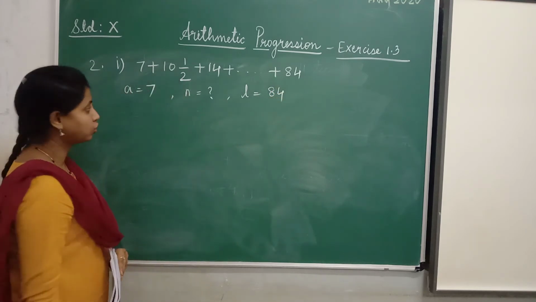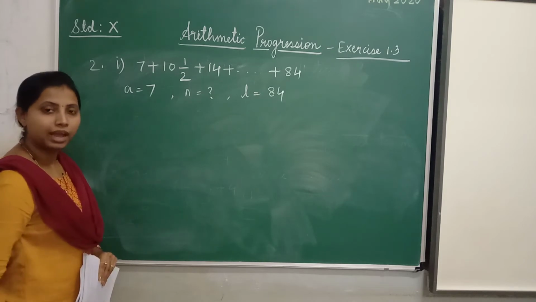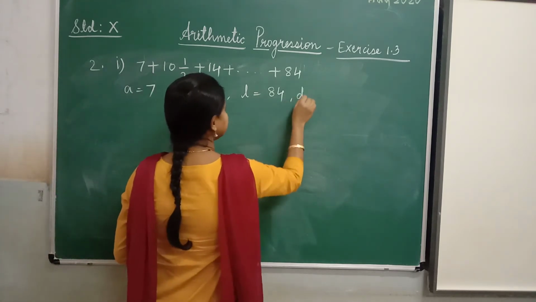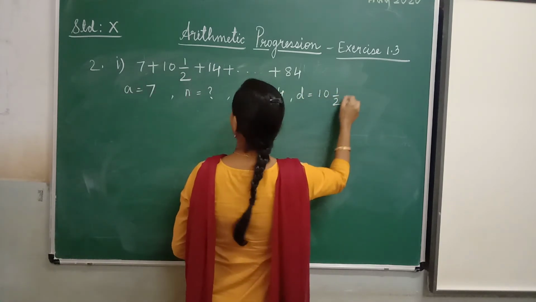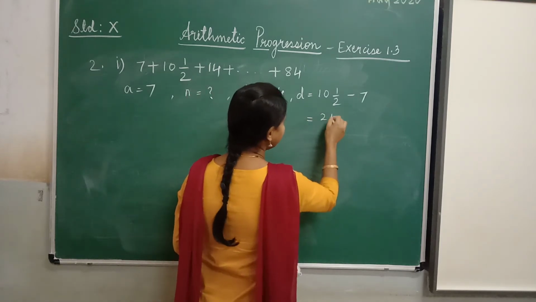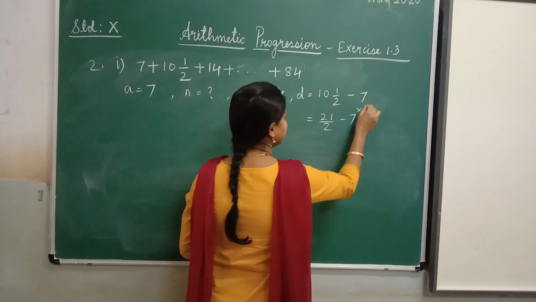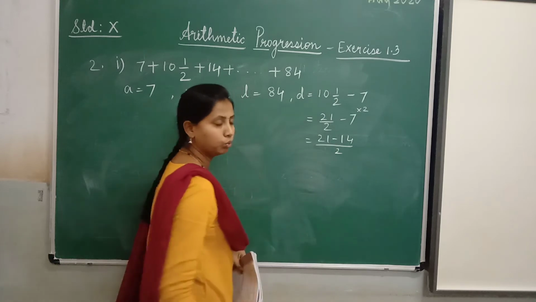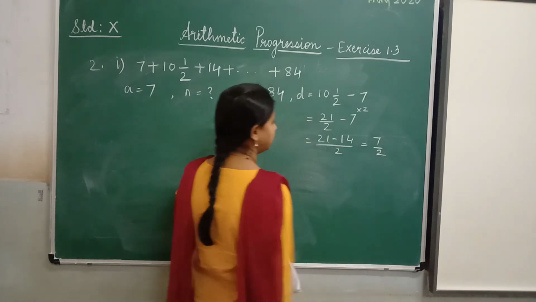Yes children. So to find n, we have to use an is equals to a plus n minus 1 into d. Okay, so find d. What is the difference? Difference is 10 and a half minus 7. So you get 2 times 10 are 21 by 2 minus 7. Yes, so you get 21 minus 14 by 2. That is nothing but 7 by 2.